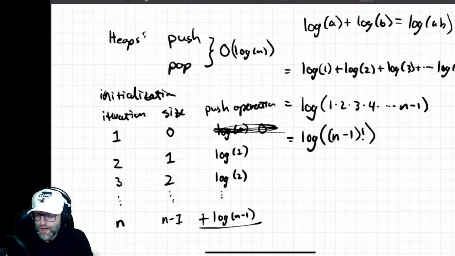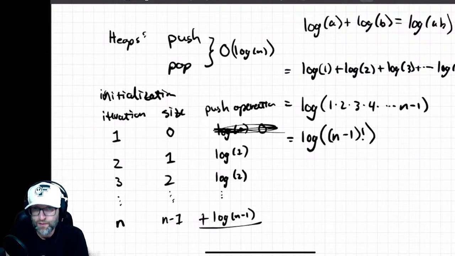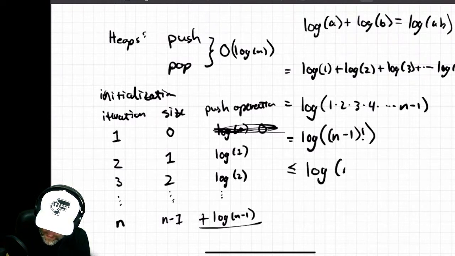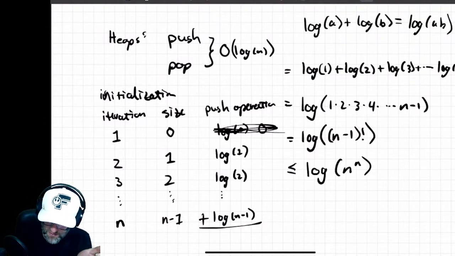Now that might look big. N minus 1 factorial is big, but you're taking the log of it. This is going to be less than or equal to log of n to the n. Hopefully that's easy to see because each one of these terms is less than n. I'm giving a loose bound here. 1 is less than n, 2 is less than n, 3 is less than n, n minus 1 is less than n.